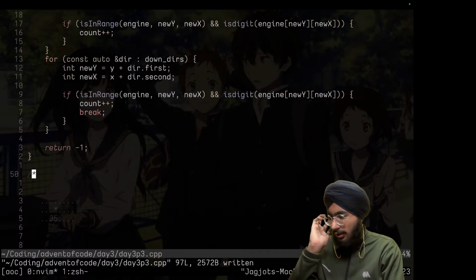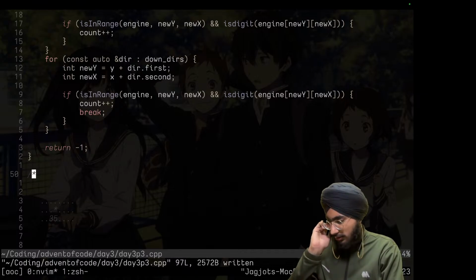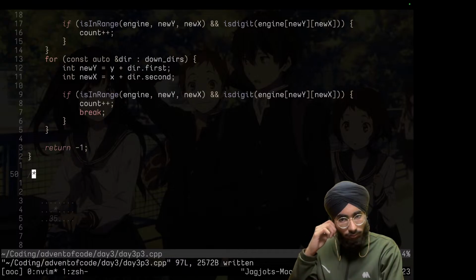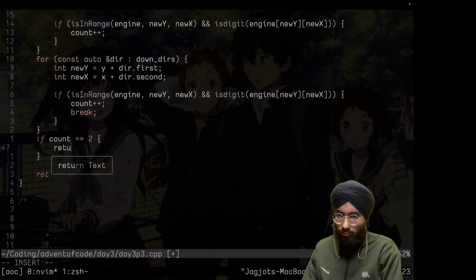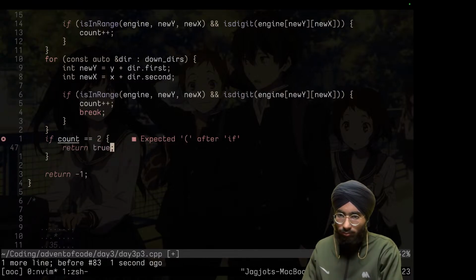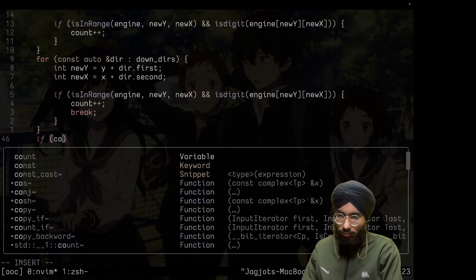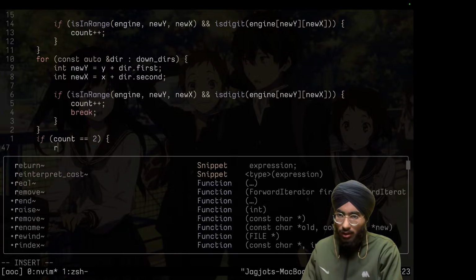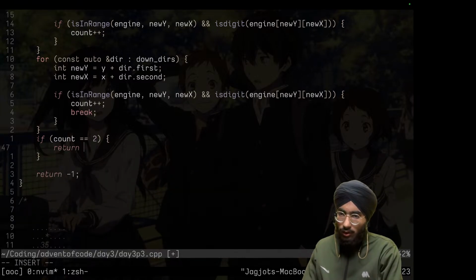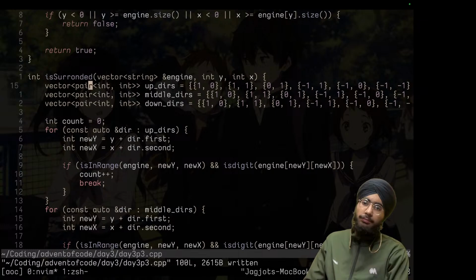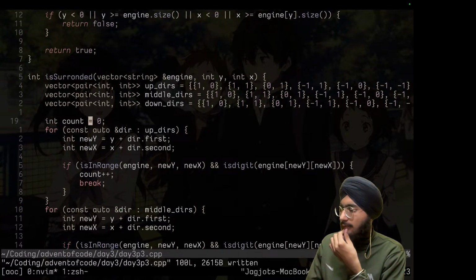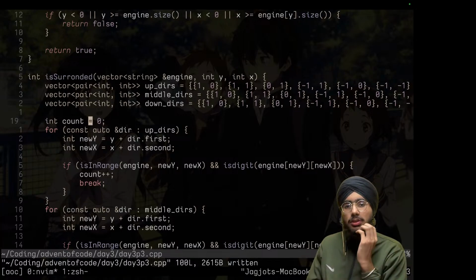What we can return is, if count is equal to 2, return new X, new Y. I need to store X and Y positions.